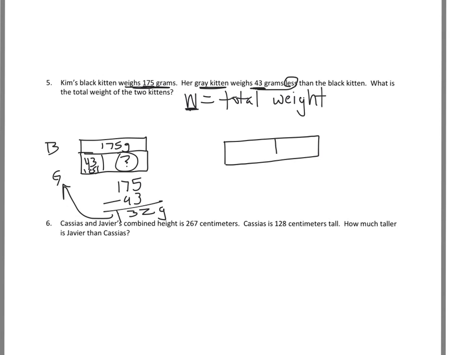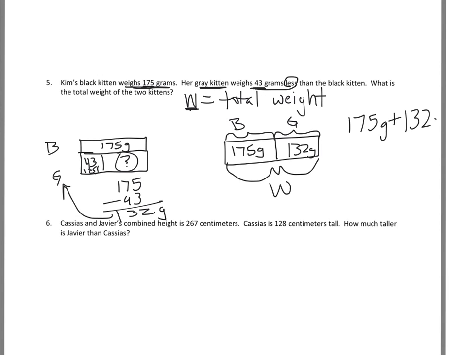So here comes my finishing tape. I'm looking for the 175 grams, and this is the black cat, and 132 grams, that's the gray cat, and that's going to give me my W, which is my total weight. So if I add 175 plus 132, I'll get my W, or my total weight.